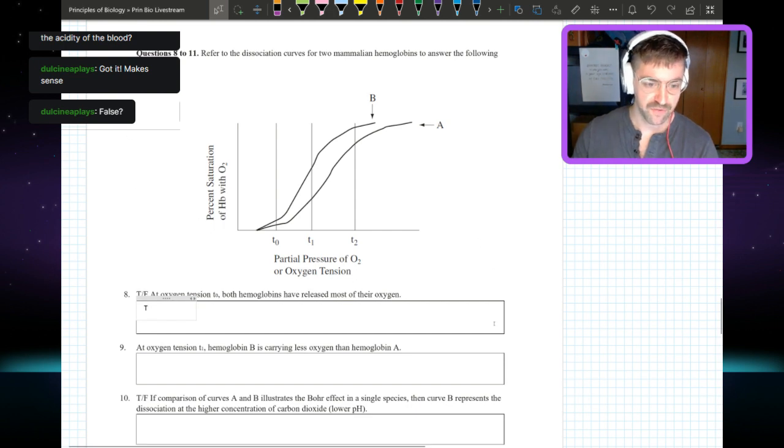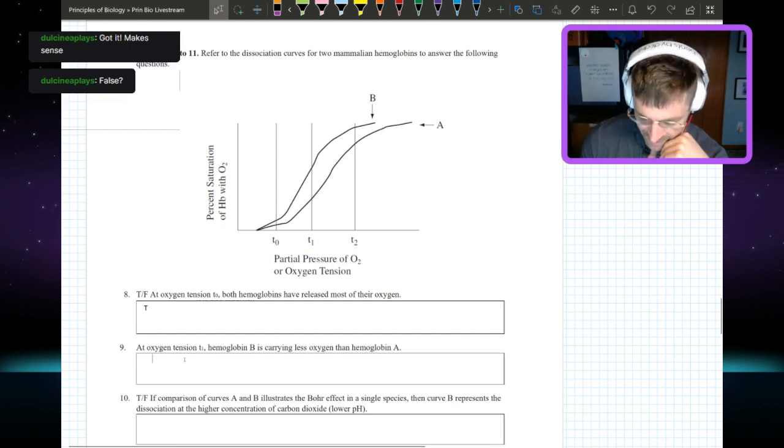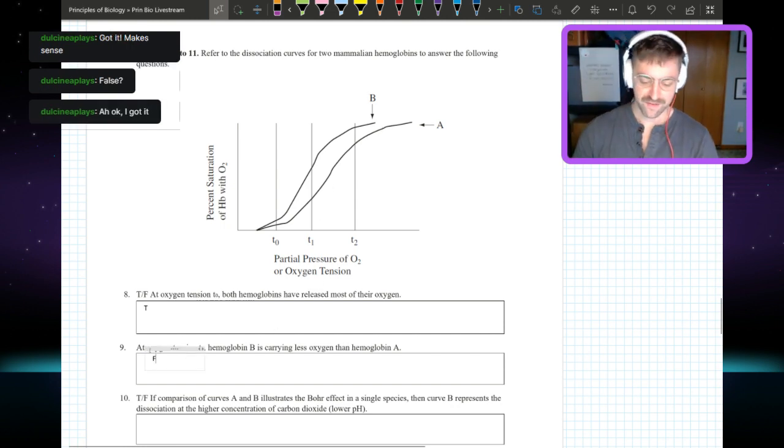The percent saturation of both hemoglobins is near zero on the graph. At oxygen tension T1, over here, hemoglobin B is carrying less oxygen, so this is B. True or false, hemoglobin B is carrying less oxygen than hemoglobin A. That one is false. B is greater than A.